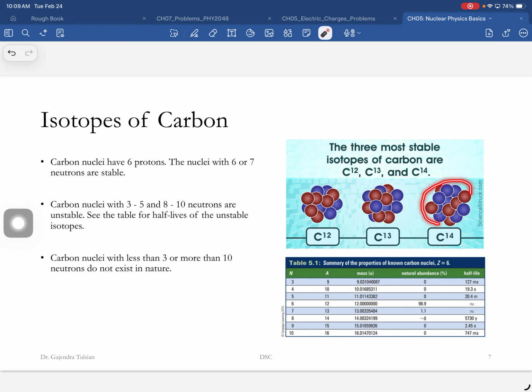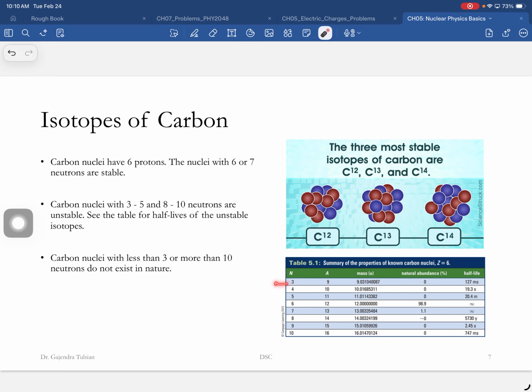This one is radioactive and has a half-life of 6,000 years, and we use it for carbon dating. Actually, there are several other carbon isotopes. This is the number of neutrons.